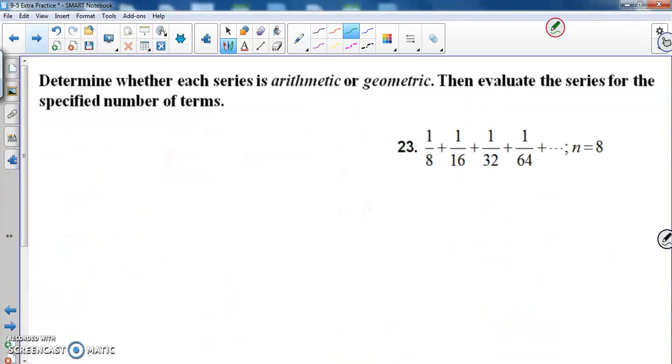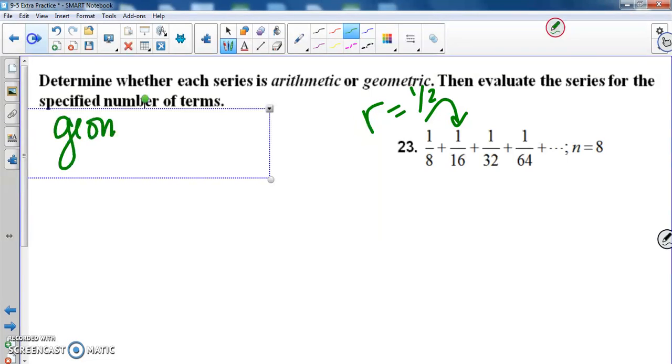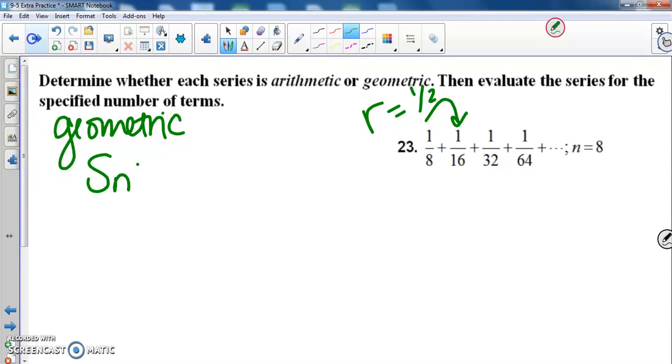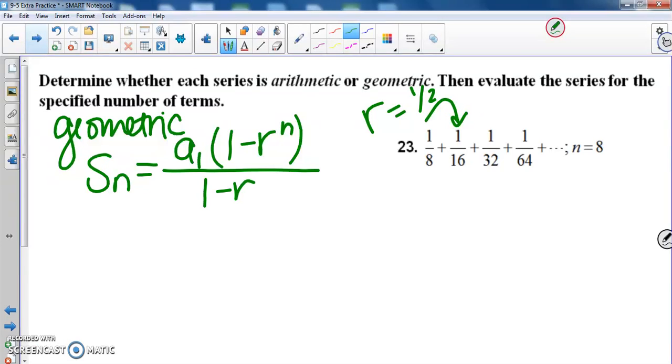Determine whether each series is arithmetic or geometric, and then evaluate for the specified number of terms. I am multiplying by 1/2. Therefore, our r is equal to 1/2, so we are geometric. And for geometric number of terms, I have S sub n is equal to a1 times 1 minus r to the n power all over 1 minus r.